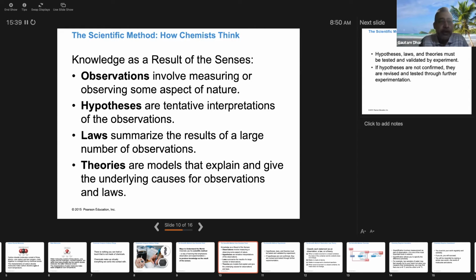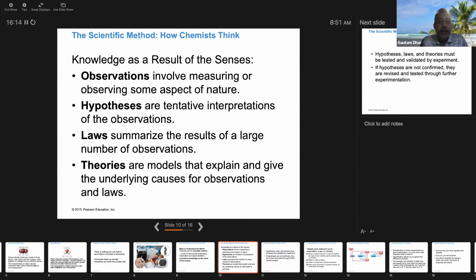But the fact that the sun rises in the east and sets in the west is an observation done by you. Now, if this is observed by thousands and thousands of different people, and you summarize that observation into what you call a law, the sun always rises in the east and always sets in the west, that's a law.